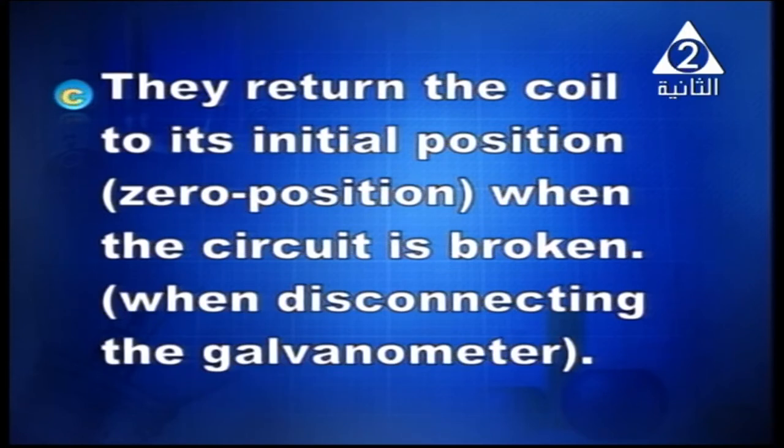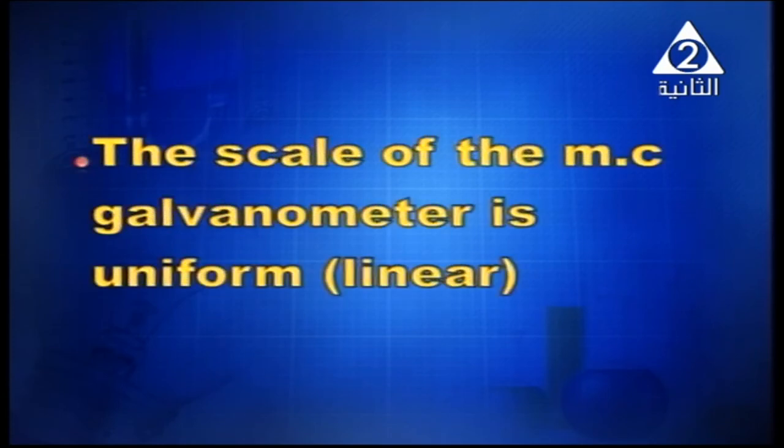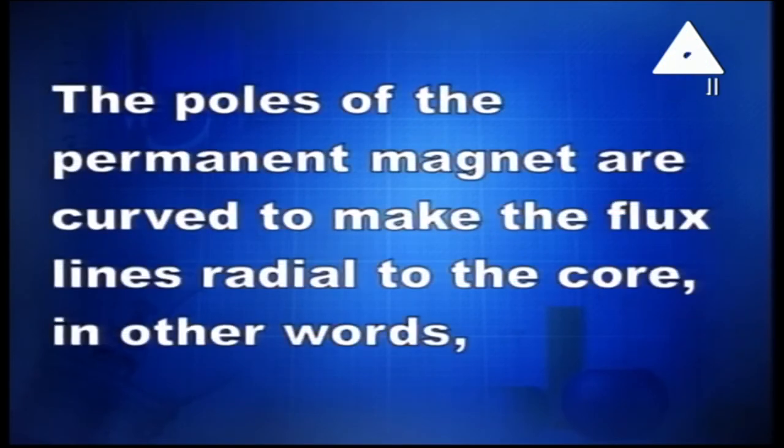Another important give reason: the scale of the moving coil galvanometer is uniform, is linear. It is equally spaced. This is because the poles of the permanent magnet are curved to make the flux lines radial to the core.